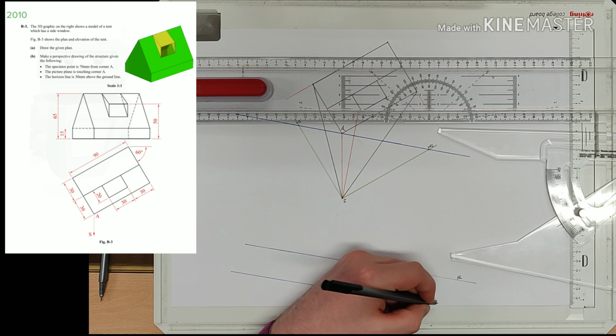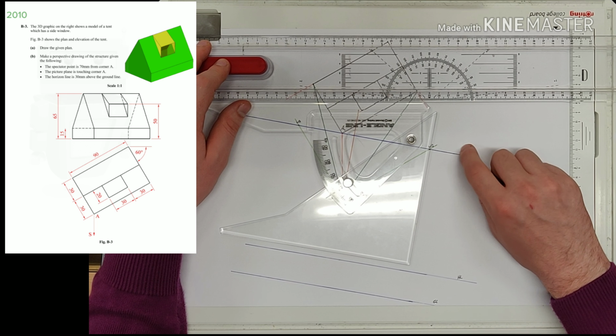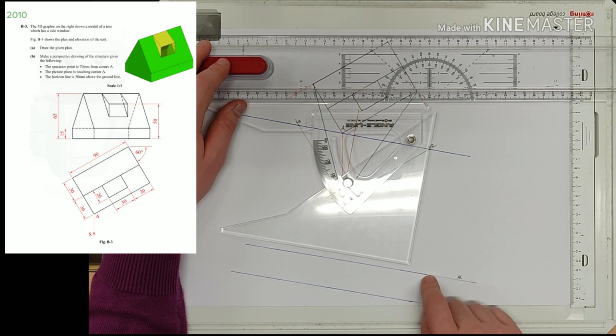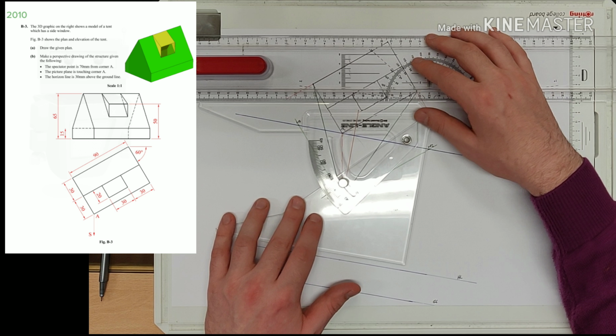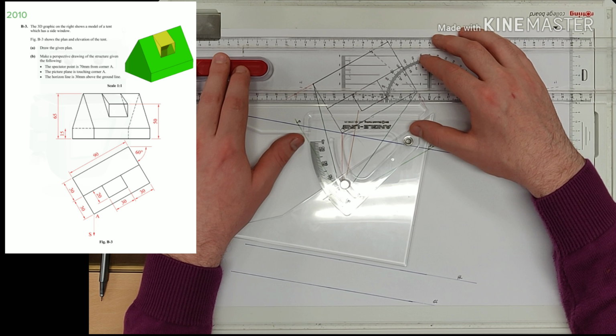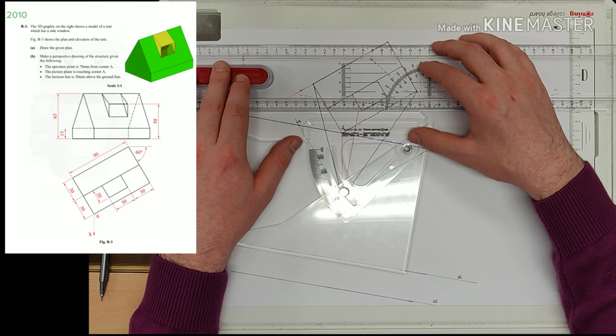Now I need to get my vanishing points from the picture plane down to the horizon line. So I must come through the picture plane at 90 degrees, which will be at 90 degrees to both these lines. In this case I need to bring the vanishing points down to where they hit the horizon line.